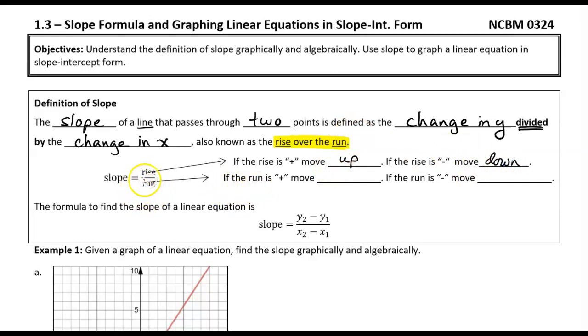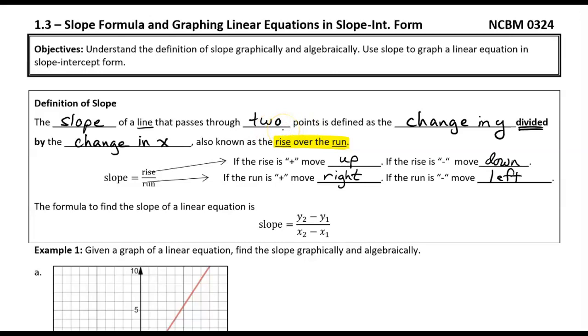If the run, the bottom, remember run is in the x direction, if it's a positive, a plus, we're going to move to the right. And if there's a negative in the denominator, we're going to move to the left. So this rise part is the y direction that we're moving up or down. The run, the bottom, is the left or right movement. So with that action of up and down, left and right, that's the rise and run.